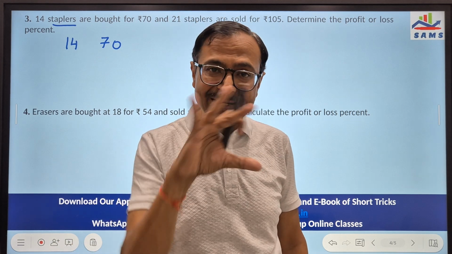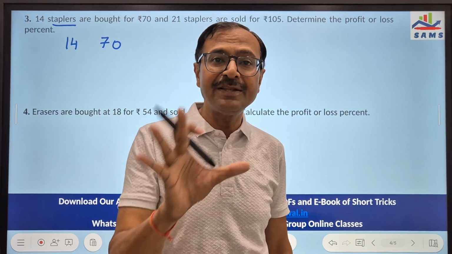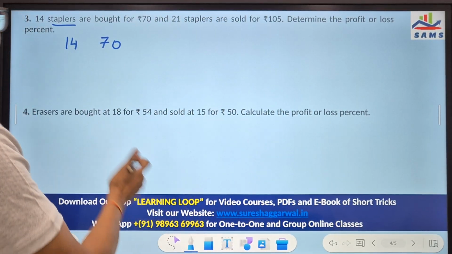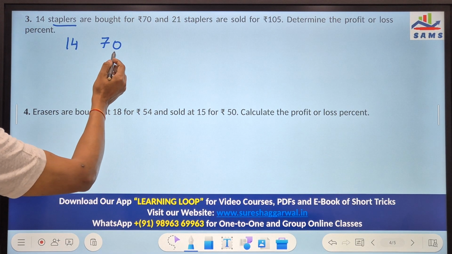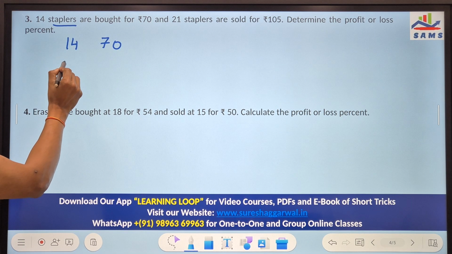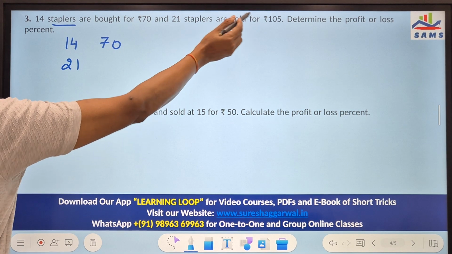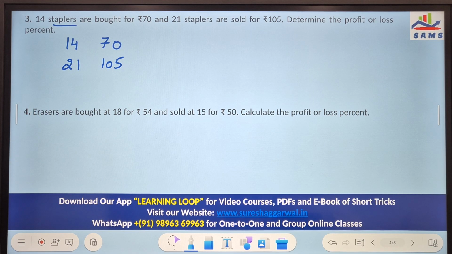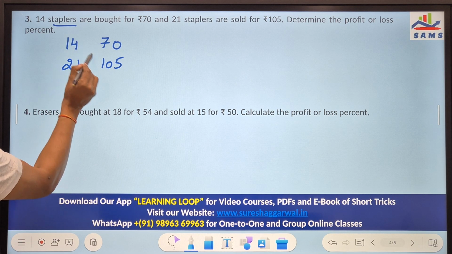Even if they are not interchanged, the quantities given in the sold column are different, still the trick works. Let's see, 14 for rupees 70 and sold 21 for 105. Now these are the quantities which are given, and we have to find the same thing again, the profit percent or the loss percent. So go across like this.